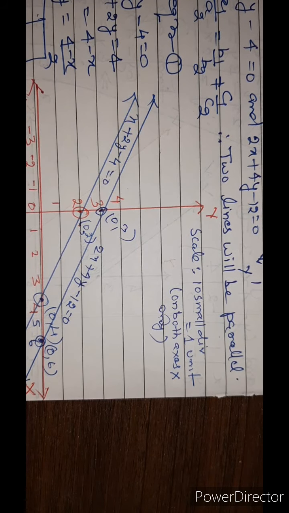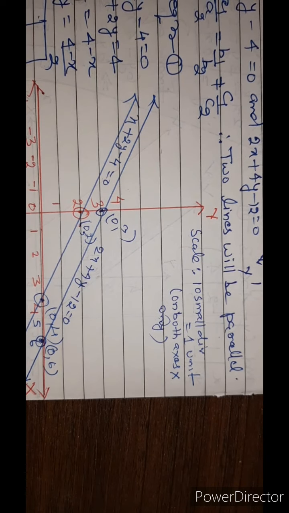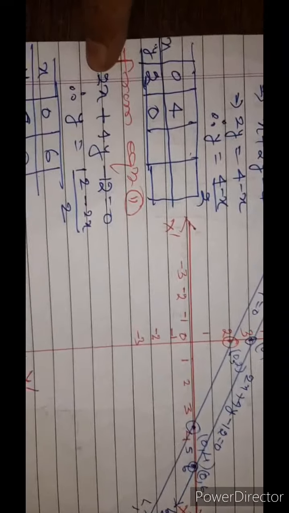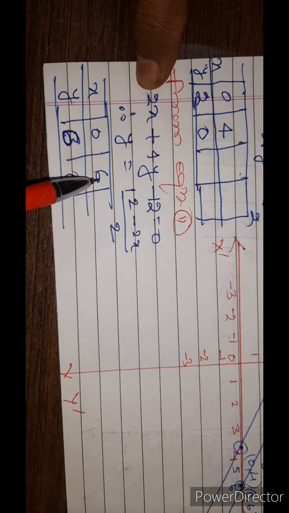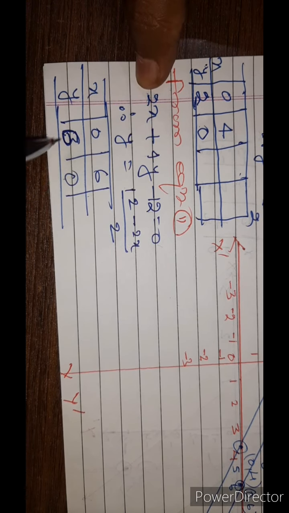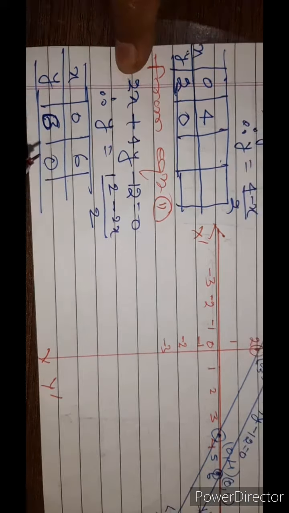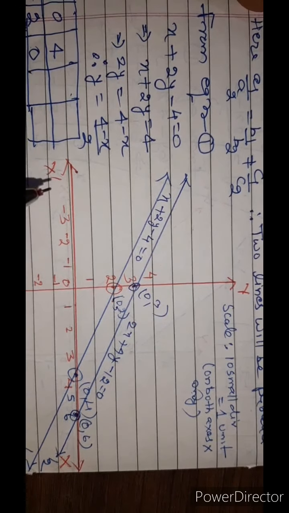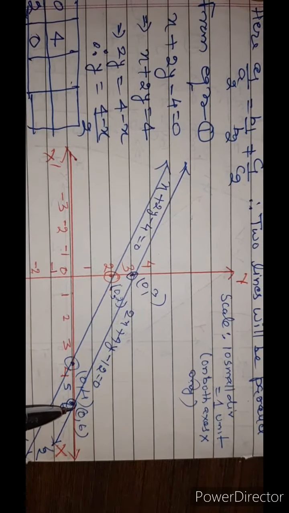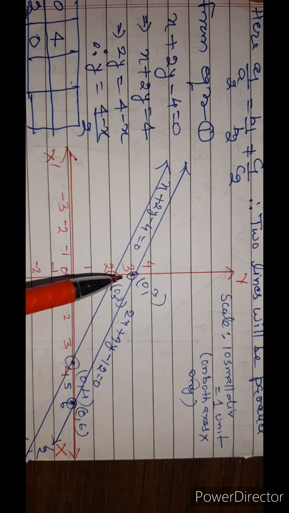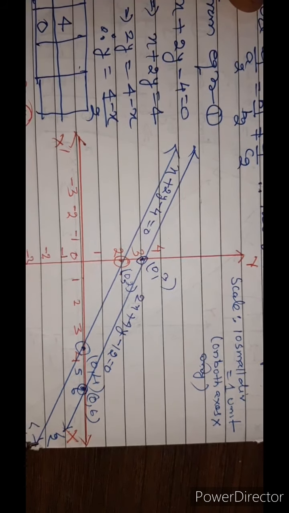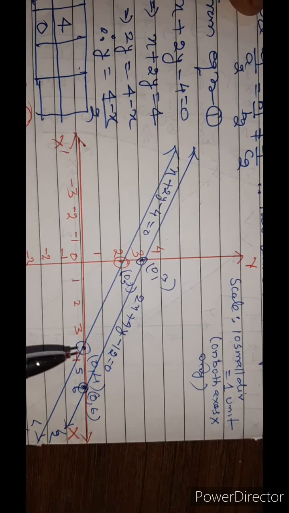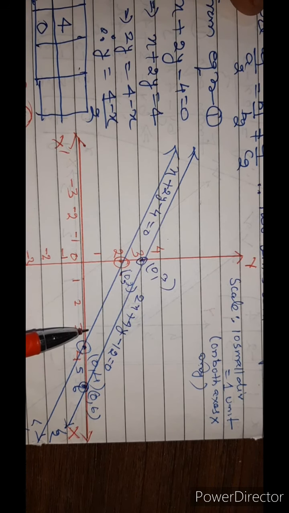The line is L1. For the second equation, the coordinate values are (0, 3) and (6, 0). Taking these ordered pairs, I have drawn another line. This is line L2, and here we observe that these two lines are parallel.